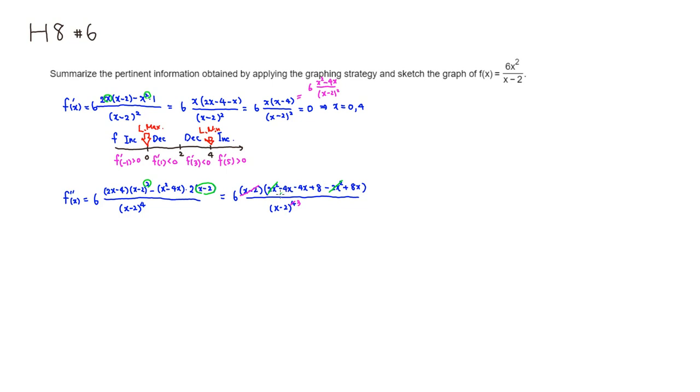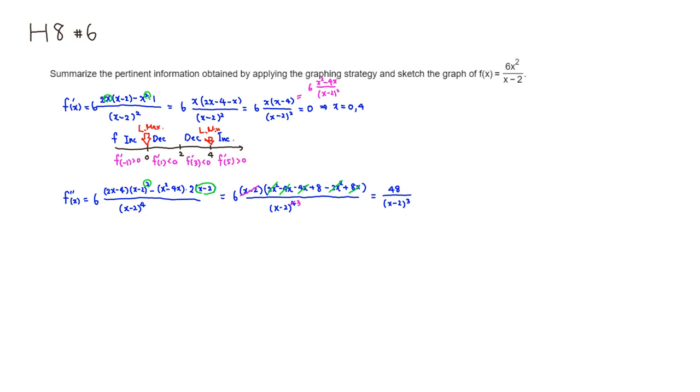And then you have a negative 8x and a positive 8x there. So what's left is just going to be 6 and 8. So it's going to be 48 over x minus 2 cubed. Right?